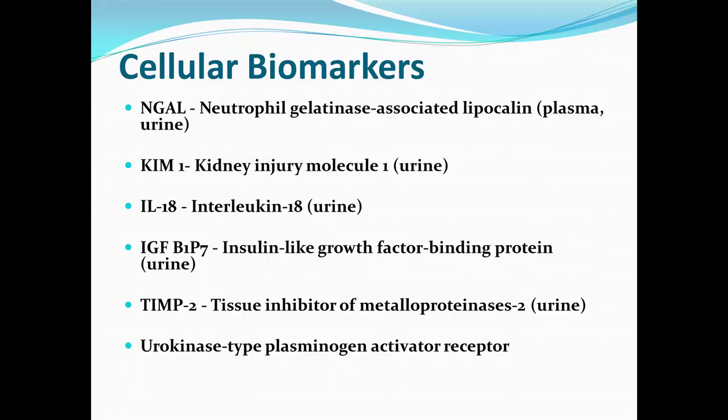Research has identified that this activator receptor increases before the GFR begins to drop. So individuals with this elevated activator receptor are 3 times more likely to develop chronic kidney disease within 5 years. This is something that I think we're going to learn more and more about.